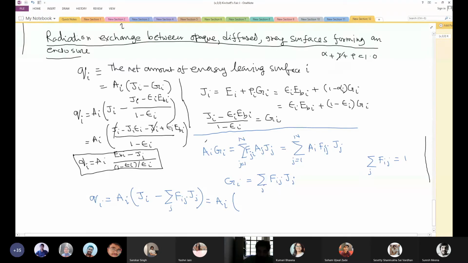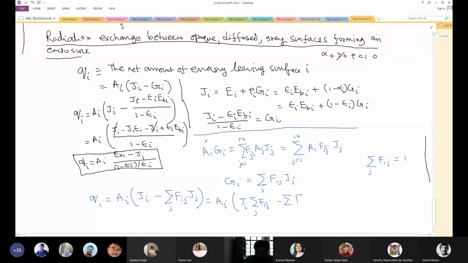So I replace 1 here. Ji times 1, I can write as ji times summation Fij summed over j. It doesn't make any difference because it's 1.